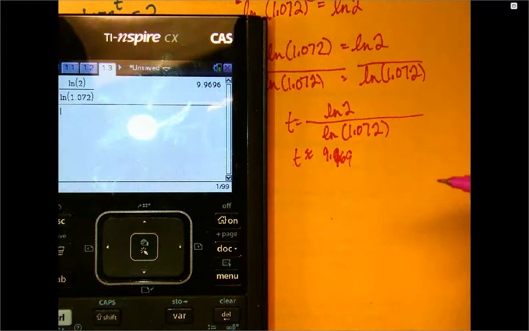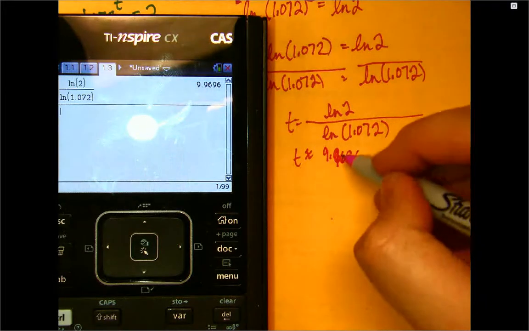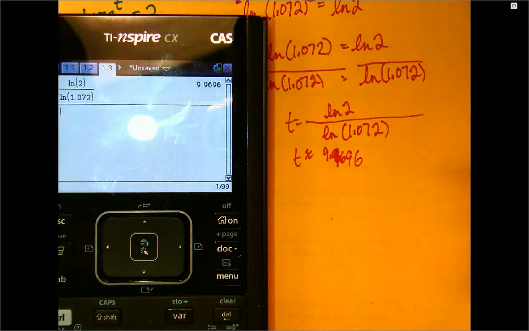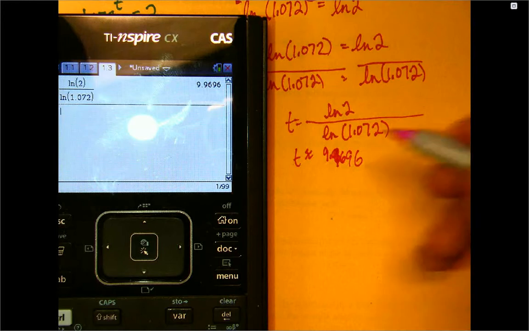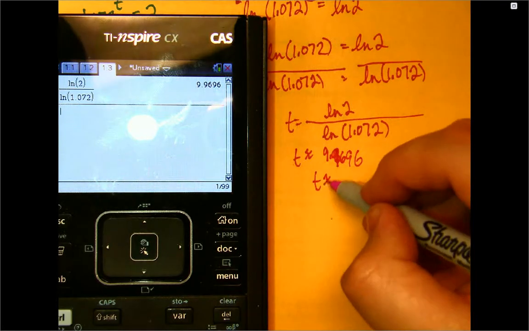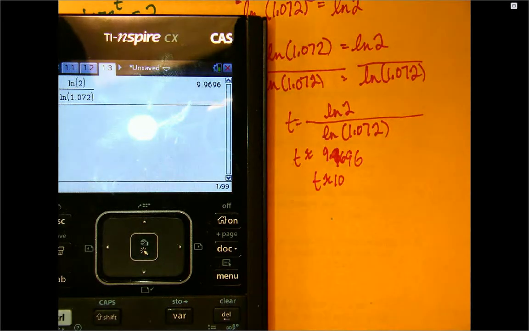What's that really close to of our answer choices? 10. So t is going to be about 10. So if we plugged in a 10, that's what's going to happen. The thing is, you don't need to know the original population if you know it's going to double, because once you divide out that x, the original value, then you're just working with growth factors.